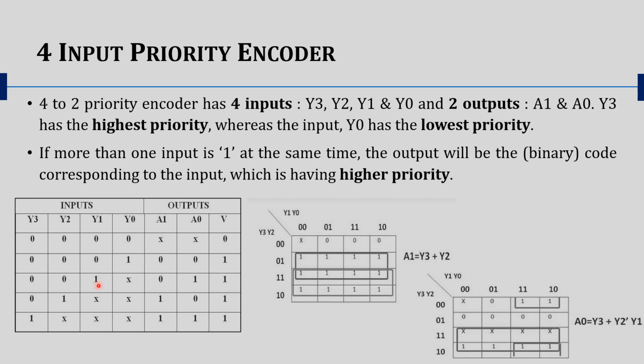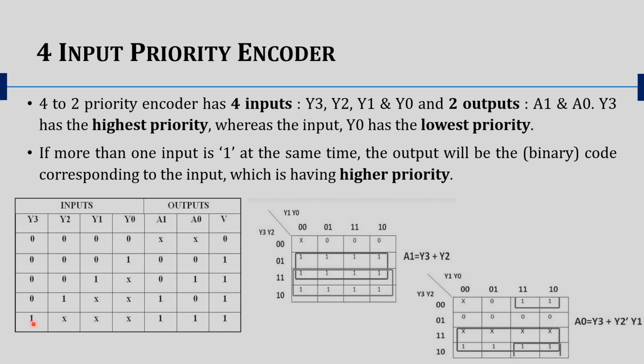So when Y1 is equal to 1 and Y2 is equal to Y3 is equal to 0, it represents the 0 1 combination. When Y2 is equal to 1, Y3 should be 0. Whatever the Y1 and Y0 values, it is don't care. So for that combination, A1 is equal to 1 and A0 is equal to 0.